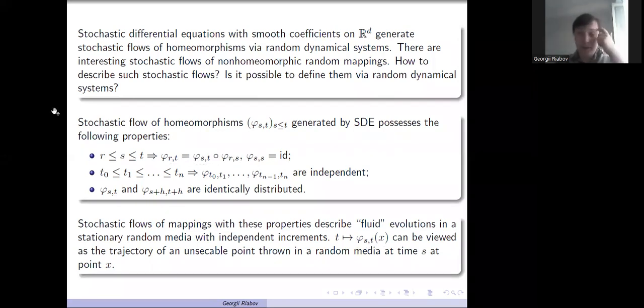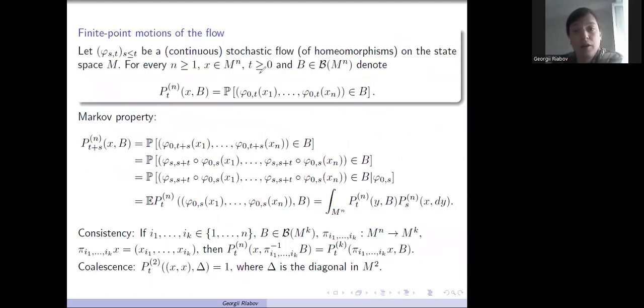So one natural way to describe stochastic flows is, in some sense, to look at all these evolutions in the following sense. Assume for now that we have a nice stochastic flow, meaning that it is continuous, a stochastic flow of homeomorphisms, and let us fix n points in the state space.